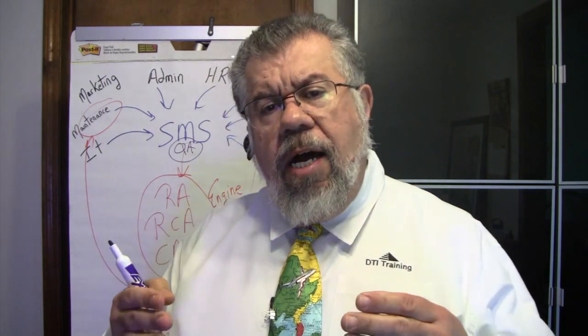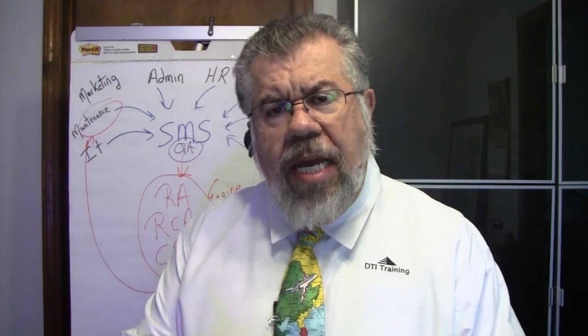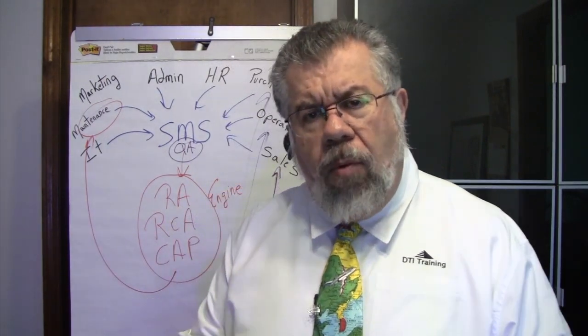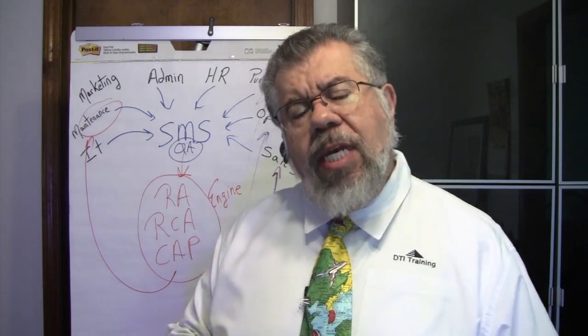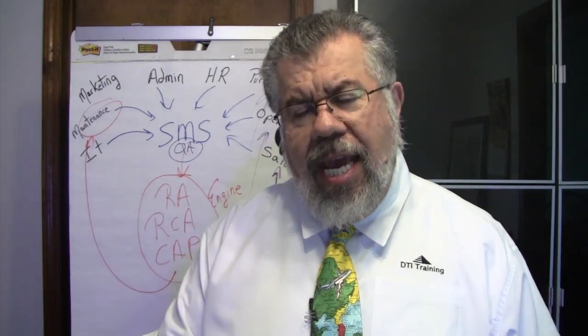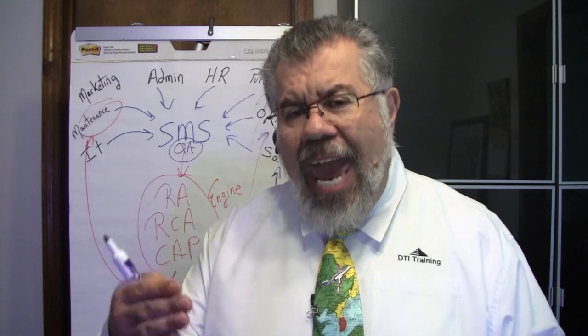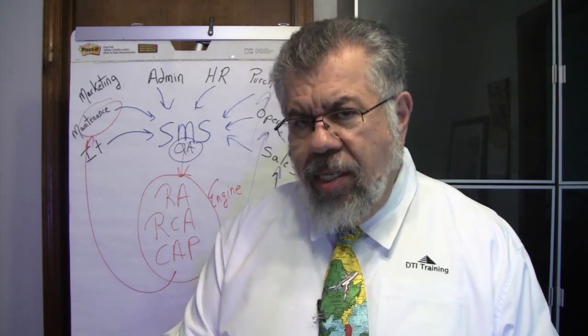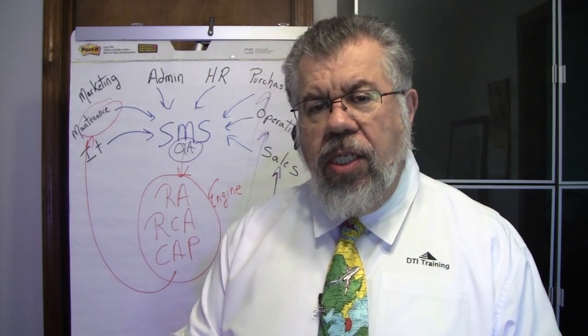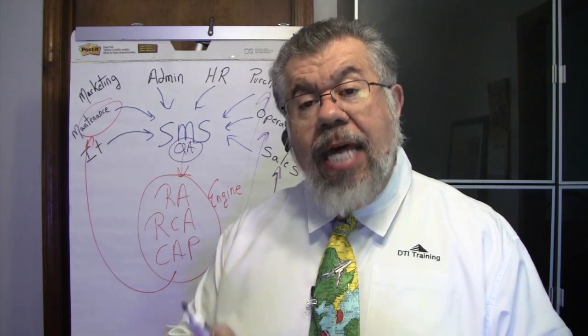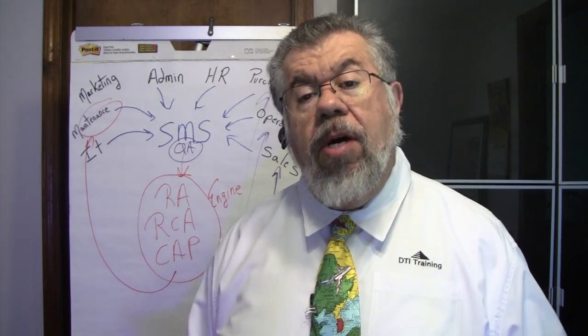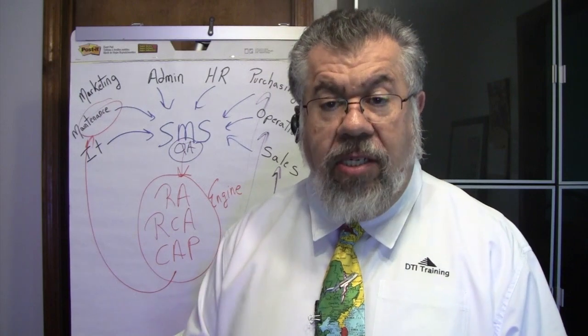If the incident report that's given to SMS is from operations, then when the SMS report is entered into the engine, where we do a risk assessment, RCA, and then a CAP, that operations department must be part of that analysis.